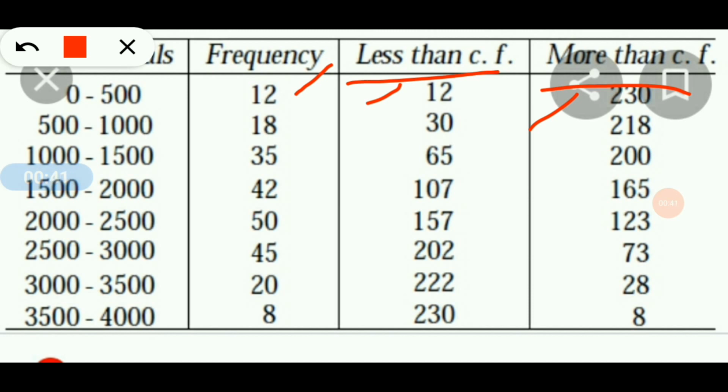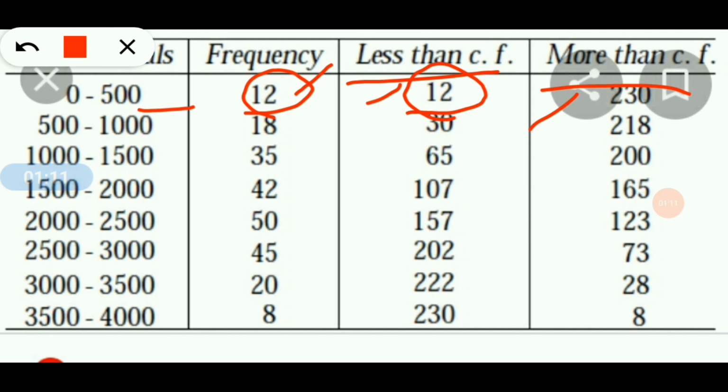For the first class interval 0 to 500 the frequency is 12 and the less than cumulative frequency is also 12 because there is no previous frequency. So 12 plus 0 equals 12. I think it is clear how we calculate the less than cumulative frequency: the previous cumulative frequency plus the present class frequency.